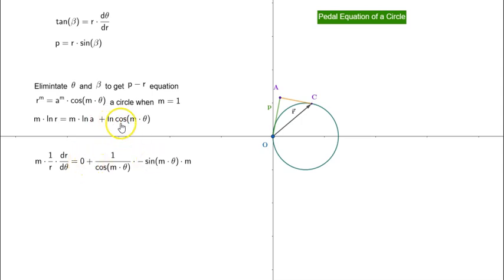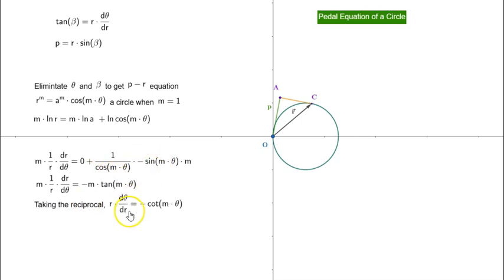Now natural log derivative is 1 by. So 1 by cos m theta times, now we have to differentiate cos m theta, which gives us minus sin m theta. Now we have to differentiate m theta. So m. And simplifying this, we get m times 1 by r times dr by d theta is equal to minus m times tan m theta.